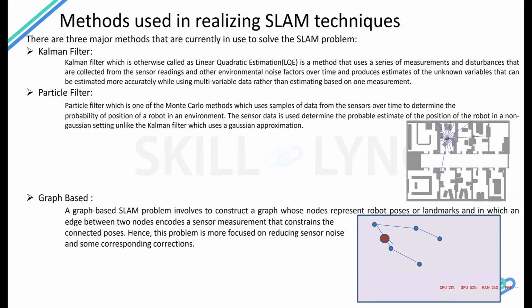So what are the different methods of realizing an algorithm? Here are three examples. There are many more methods that are used on a regular basis, but here are a few good examples of the methods used in resolving the SLAM problem. Okay, the first one is the Kalman filter. What is a Kalman filter?